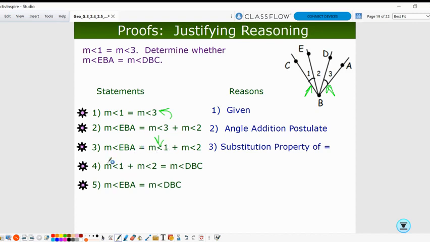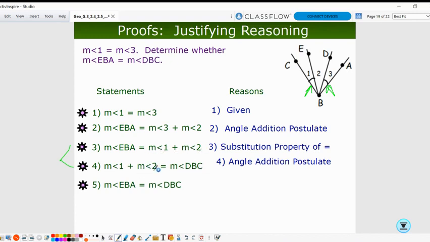Next, we have the measure of angle 1 and angle 2 is equal to the measure of DBC. DBC, angle 1 plus angle 2. That's your angle addition postulate again. And now that we have all of that information, how are we getting to that last line? The measure of EBA is equal to the measure of DBC. Take a look at lines 3 and 4. EBA is angle 1 and angle 2.